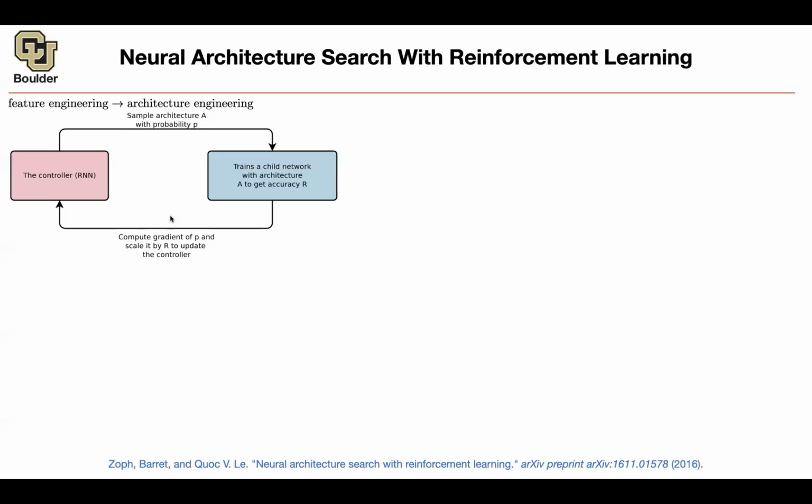And then you're going to adjust the gradients of your recurrent neural network, and then you keep reiterating. Then your recurrent neural network is going to give you another probability distribution because its parameters updated. According to that probability distribution, you're going to sample an architecture, train it, validate it, get your accuracy, update your gradients, and keep doing that.